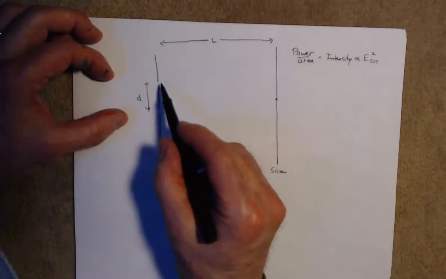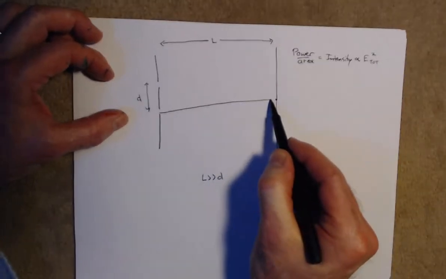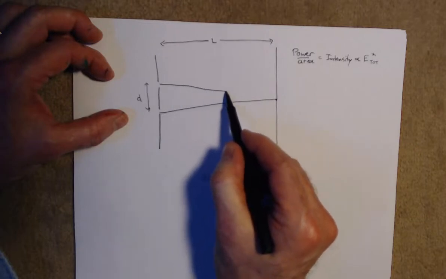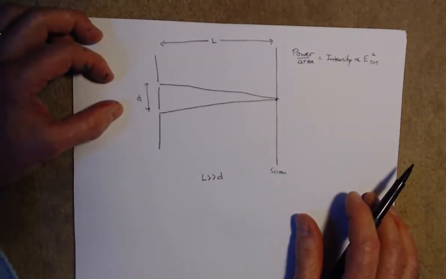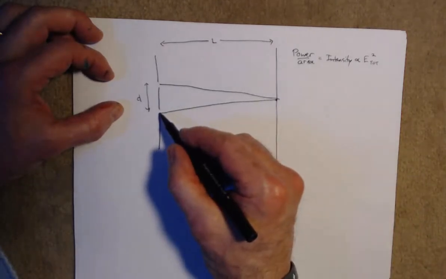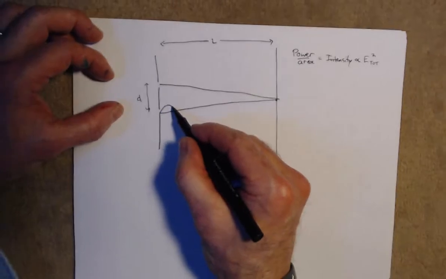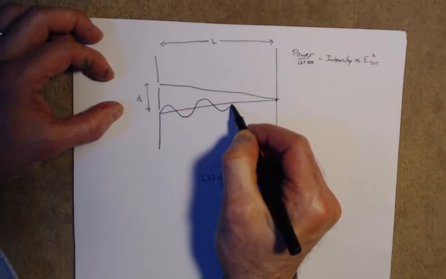So if I think about the paths that connect the two slits here, I'll try to draw straight lines from each slit here, and let's look at an instant in time, and I'm going to plot the electric field along this path. So let's say coming out of this slit, it might look like this, varying sinusoidally.